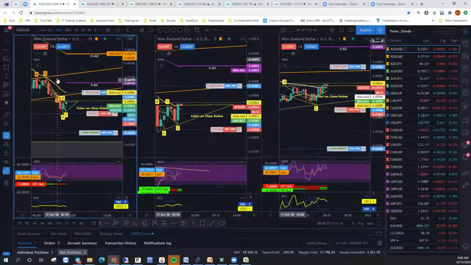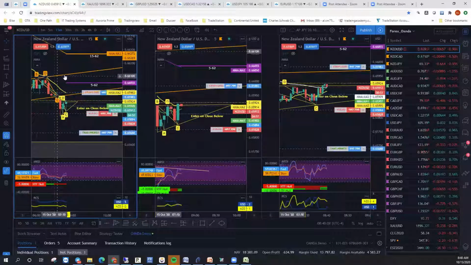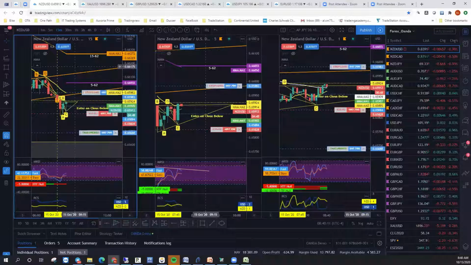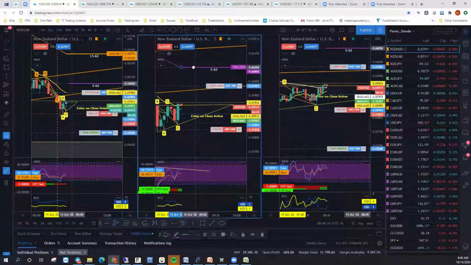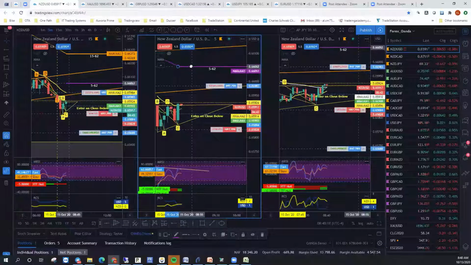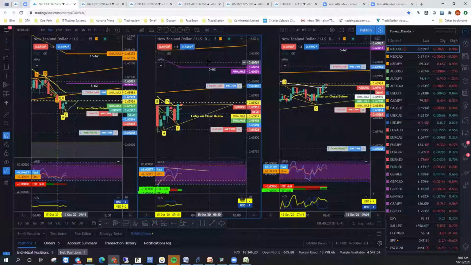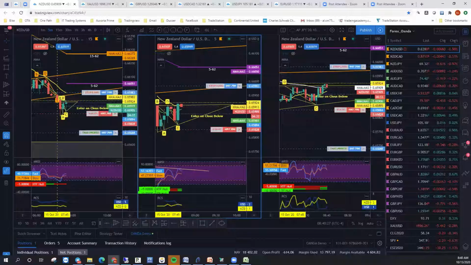So this may just be a strong pullback. I still think it's going to be respecting the top of the first wedge. I would agree. This looks like a continuation wedge, like a formation from the whole thing. So I'm not concerned about this coming up and going back to the origination of this move.